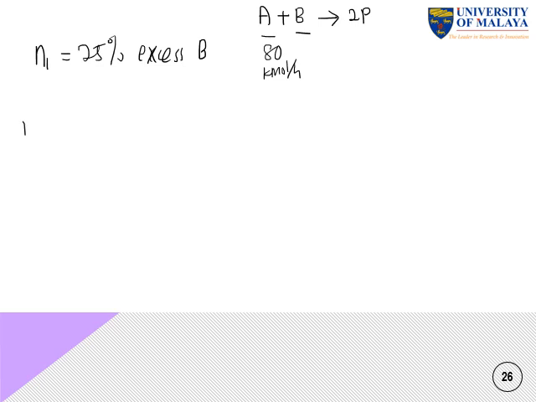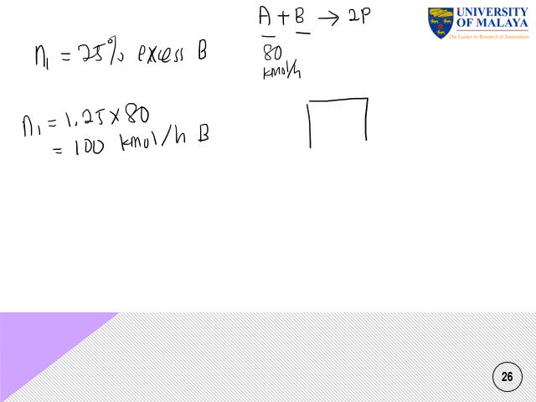So N1 would be 1.25 times 80, which is 100 kilomole per hour of B being fed to the reactor. Then we want to find XA.